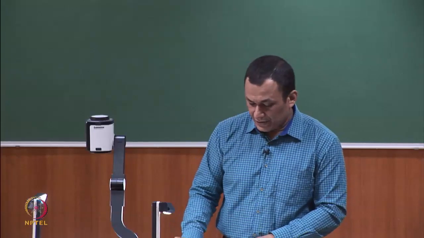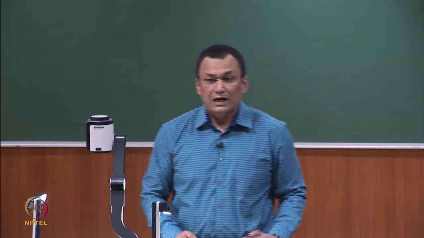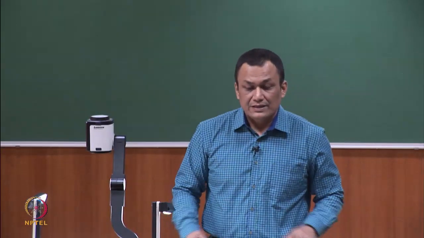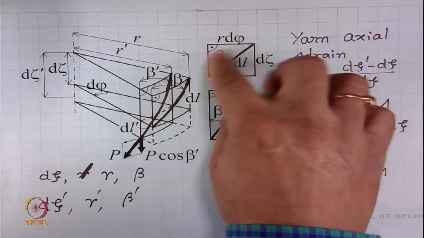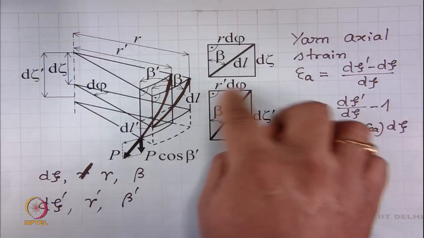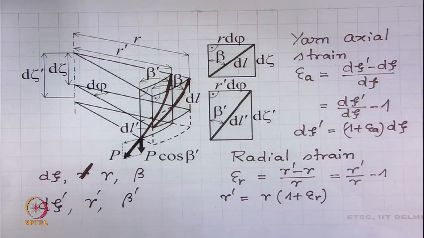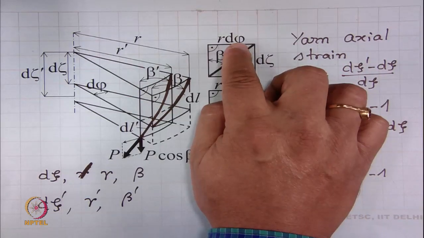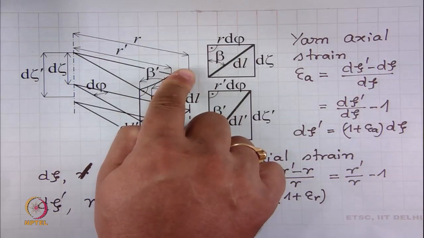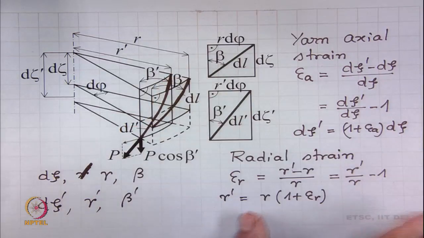Our next step, if we come back to the original drawing, will be applying the Pythagorean theorem to this triangle and also to this triangle. So, if we apply the Pythagorean theorem, let us see what happens. dl square is equal to r d phi square plus d zeta square.